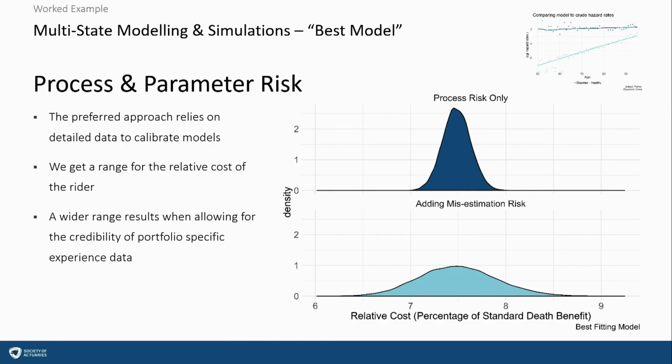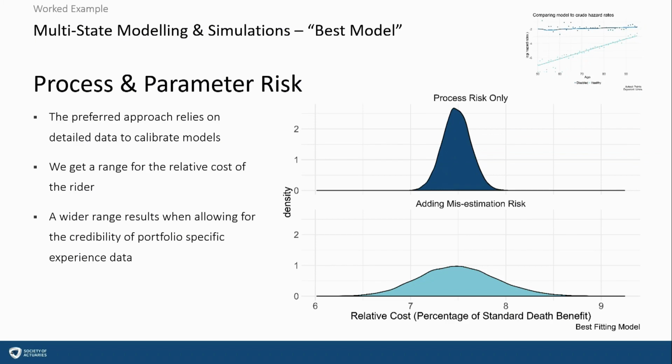So just starting with the best model, which you might recall looked like that for the mortality, having separate, very well-fitting models for the healthy and the impaired lives. What we then do is simulate the progression of that portfolio through the different states, towards death and lapse, the 2 absorbing states. On each simulation run, we're able to calculate the cost that would result for an insurer in that particular reality.